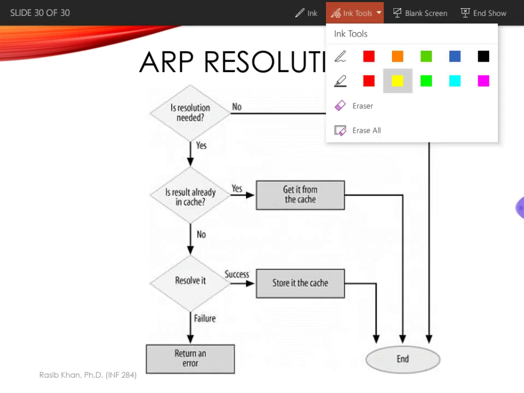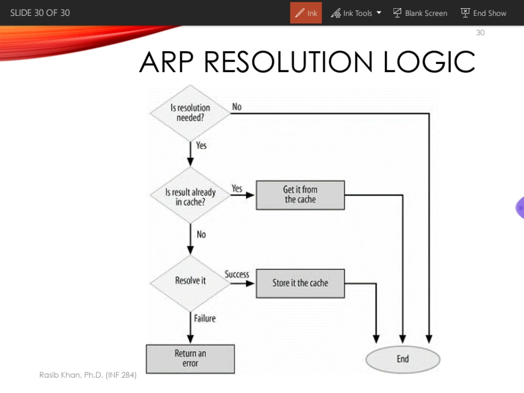So whenever a host is actually trying to send out a frame, it needs to know the MAC address. So for that, it just goes through a resolution logic. First, it checks whether the destination MAC address is known, that is, whether it is required that we resolve the MAC address.